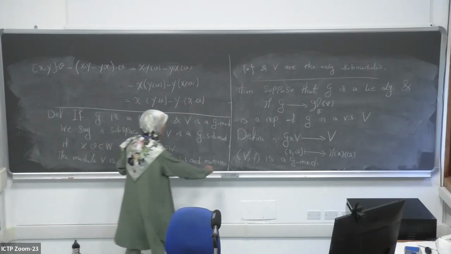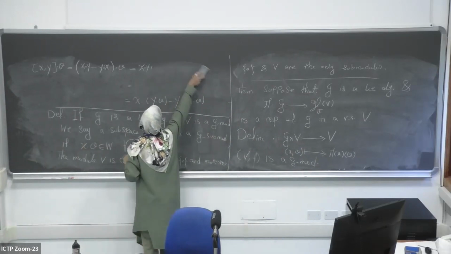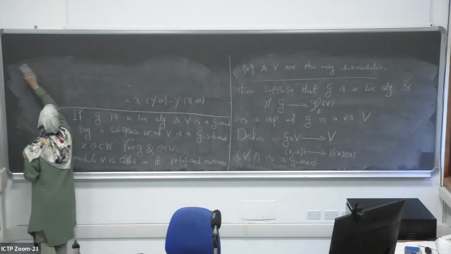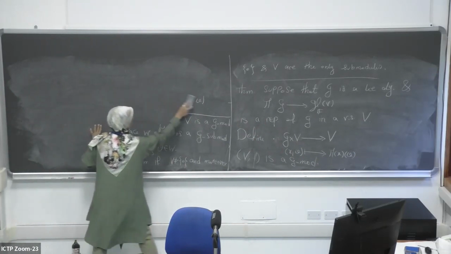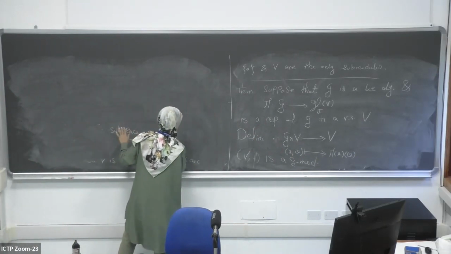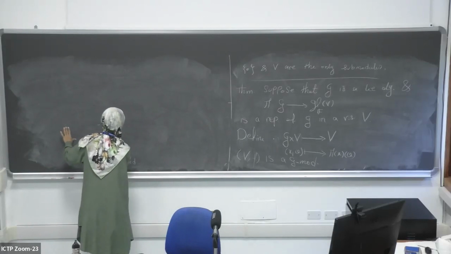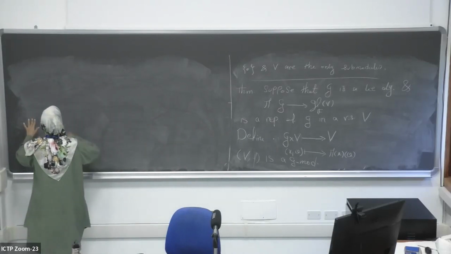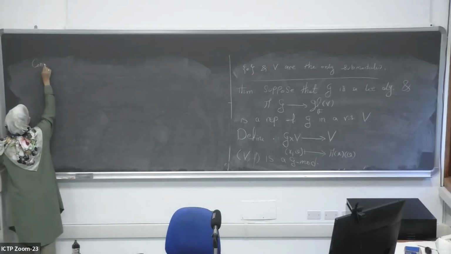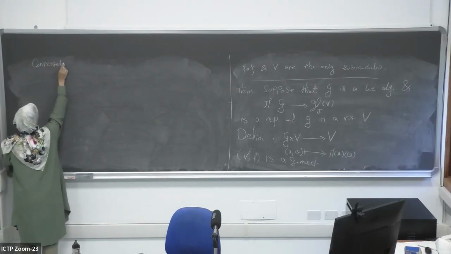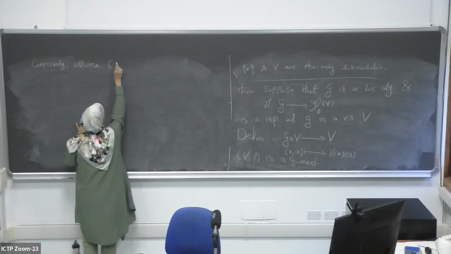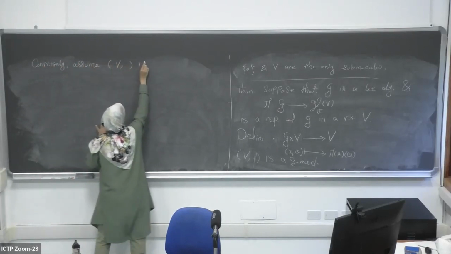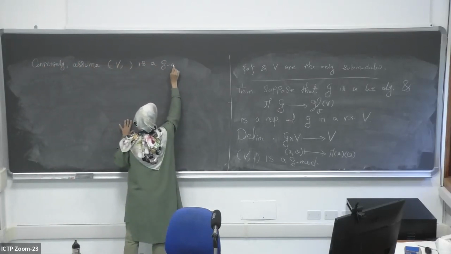And conversely, assume V and dot is a G module.